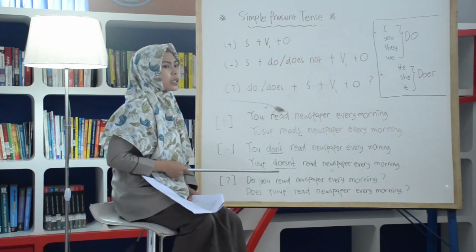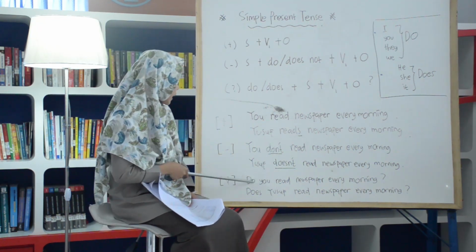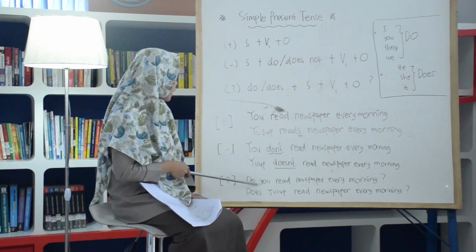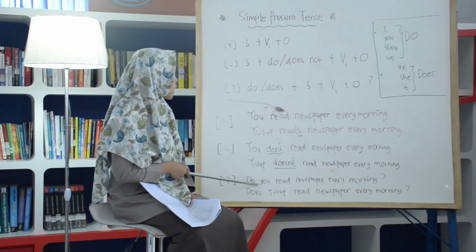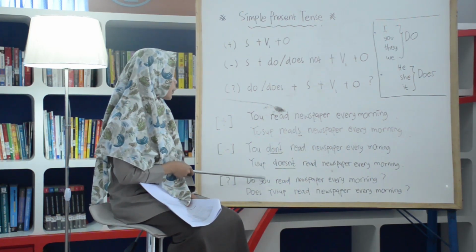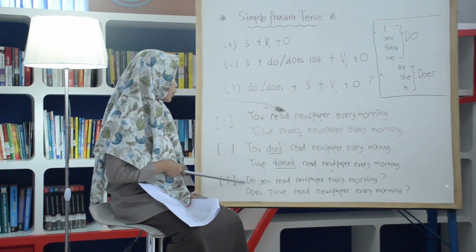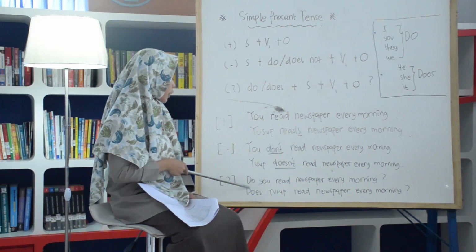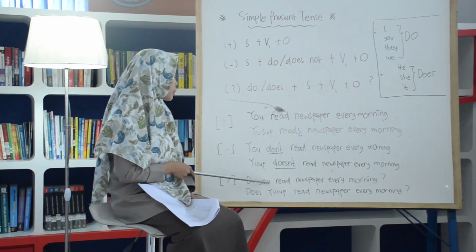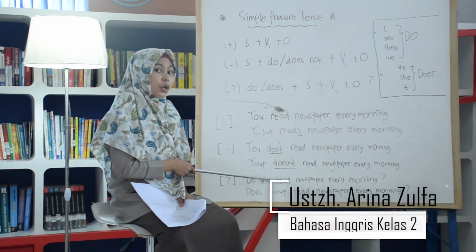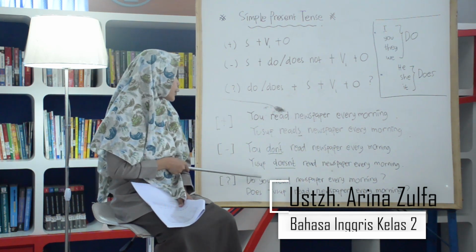Okay, let's talk about the last one. Here is the interrogative example. The example is, do you read newspaper every morning? Why? You have to add do here because the subject is you. So you have to use do.